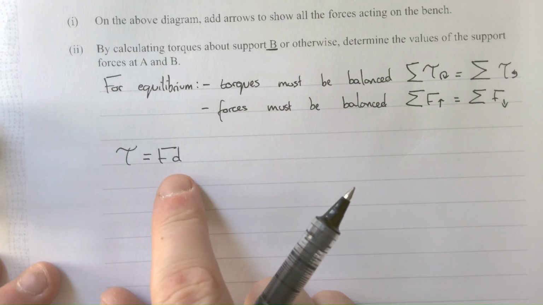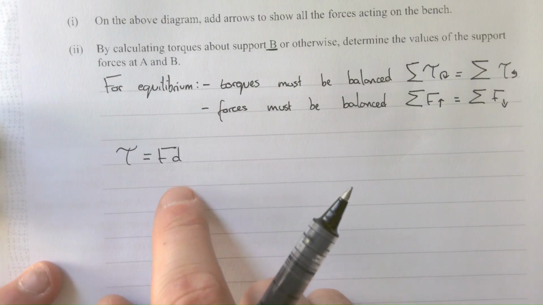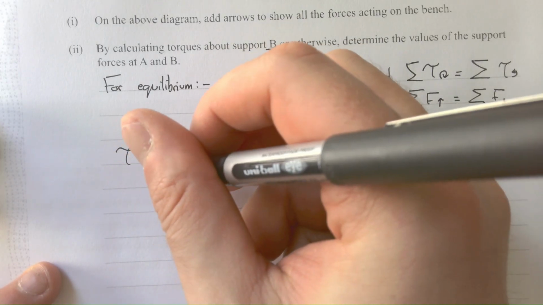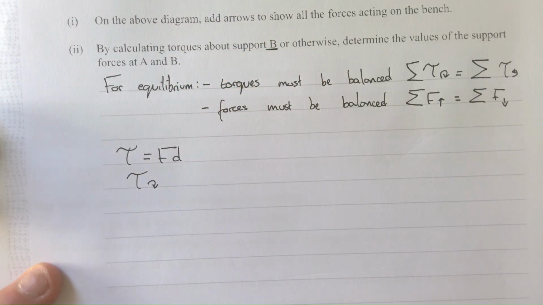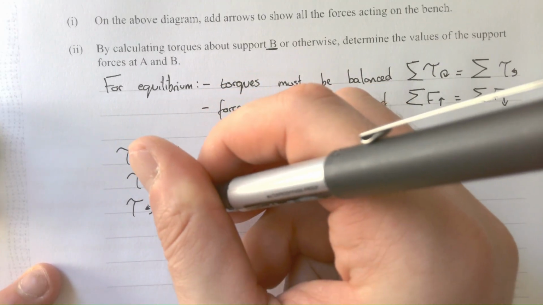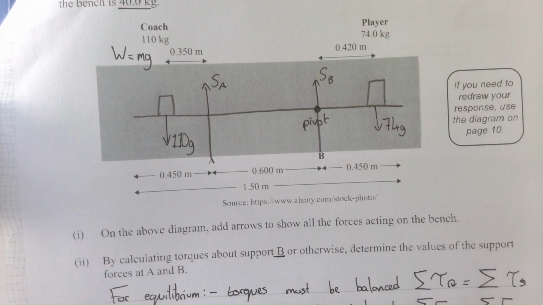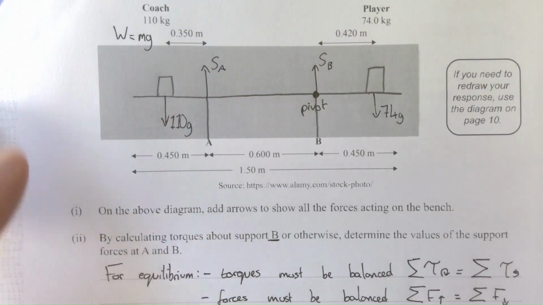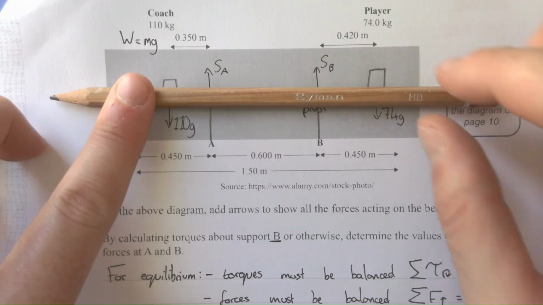So whenever I'm working out a torque, it's the distance measured from that pivot point, from the support force at B. Now, I need to work out all the torques acting clockwise and all the torques acting anti-clockwise. If you struggle to do this conceptually, my suggestion for you is to get your pen, pencil, ruler, whichever straight object you have to hand, put it on the thing that's experiencing all the forces, in this case, the bench.